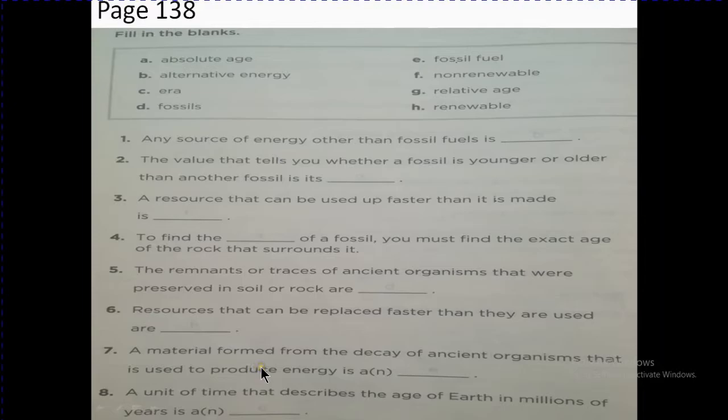Then number 7 is E, fossil fuel. And the last statement, the option is C, era. So kindly check your answers carefully and match them according to this.